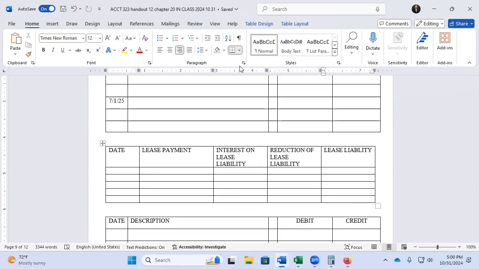And I'll start the chart for you so you can use this. Keep in mind to use 4% on this one. You guys can take off from there.